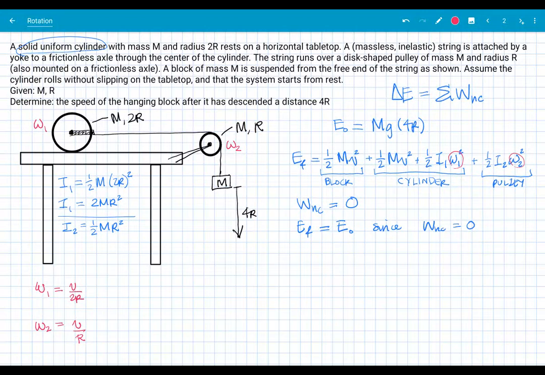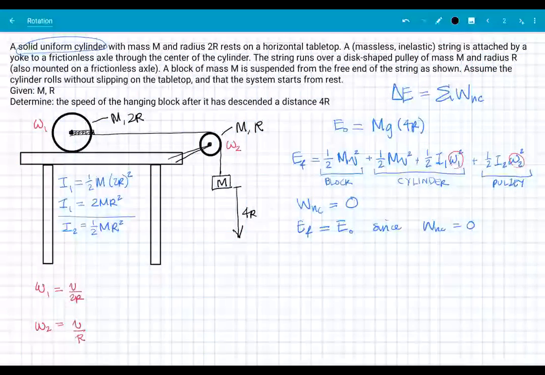So for omega 1 squared, we can substitute v over 2r, quantity squared, and for omega 2, v over r, squared. Substituting those for omegas and I's, let's write that out, setting energy initial and energy final equal to each other.